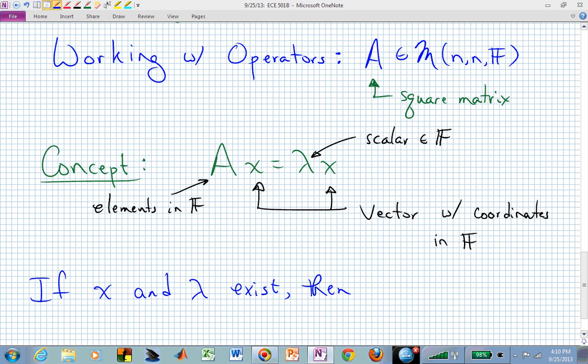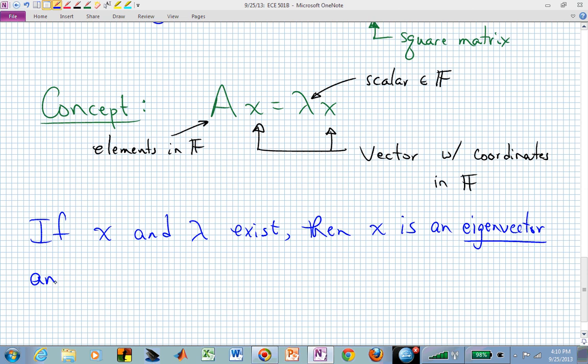If an X and a lambda exist, then X is what we will call an eigenvector, and lambda is an eigenvalue. And we'll show cases where if we're dealing with the field of real numbers, these X's and lambdas may not exist for a given A matrix.